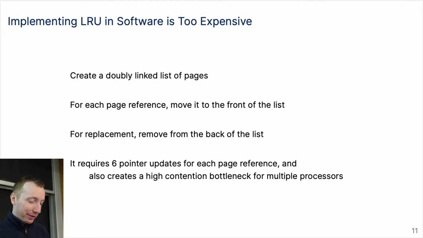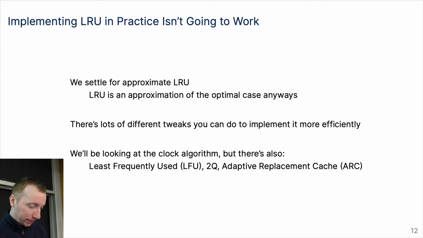For each of them, there are about 6 pointer updates for each page reference. And it also creates really high contention and a bottleneck if you have multiple processors. All those pointer accesses are going to have to be guarded with a mutex, so it's going to be all serial. And if you have 6 pointer updates for every 1 memory access, it's going to be terrible, and even more terrible if you have to acquire a lock with it. So in practice, it's not going to work at all.